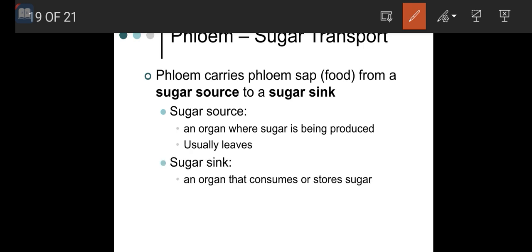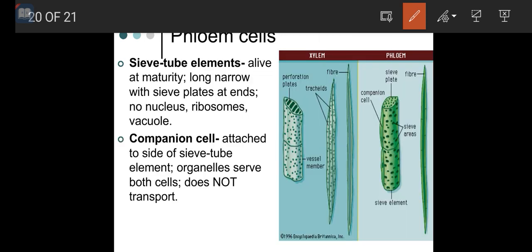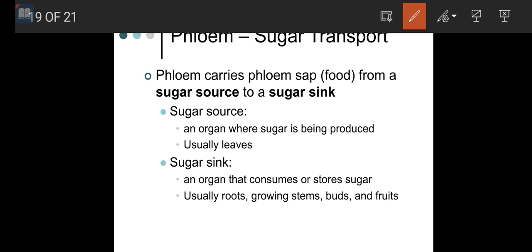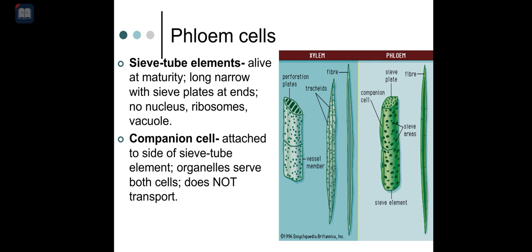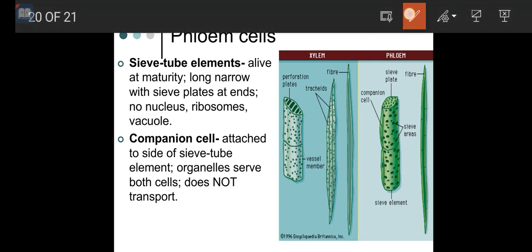Sugar sink is an organ that consumes or stores sugar, usually in the store. Sugar is stored in roots, growing stems, buds and fruits. That's why bees are attracted toward the flower, because they get sugar from that.